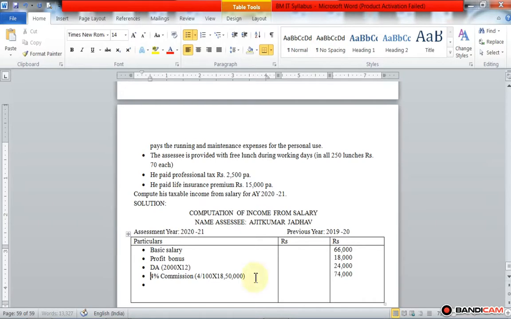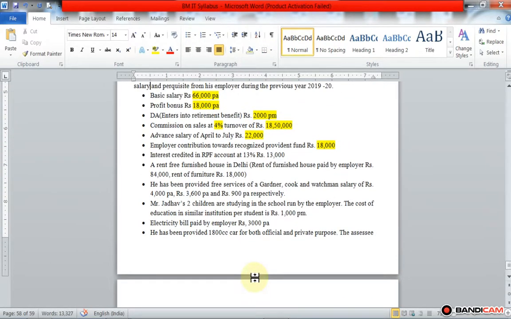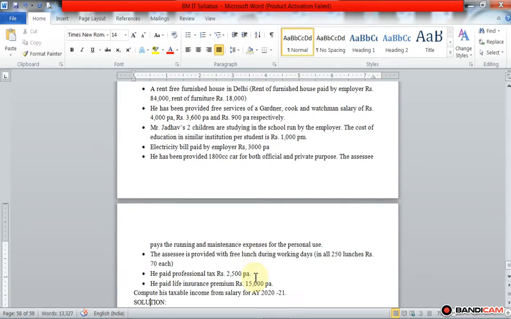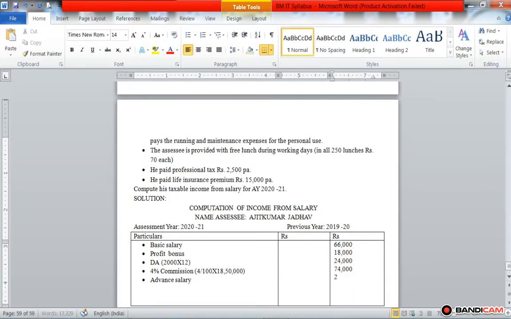Then next is advance salary. Advance salary is fully taxable, 22,000.